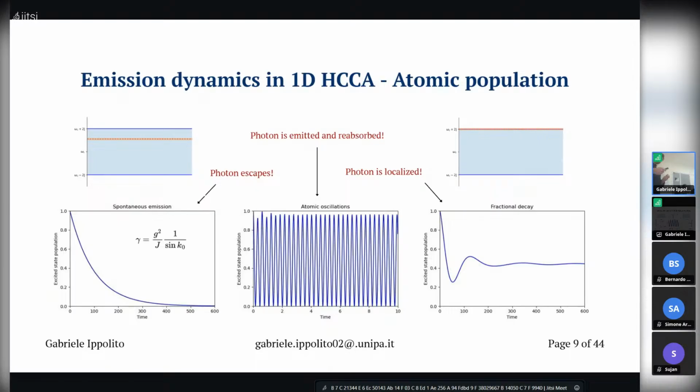The reason why this is called fractional decay is that it is as if part of the atomic excitation is transferred to the field, while a fraction of the atomic excitation remains at the atom.